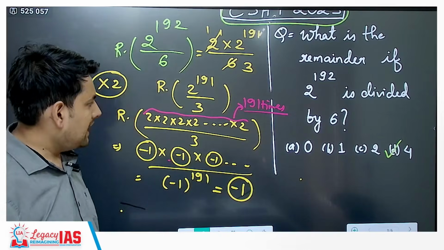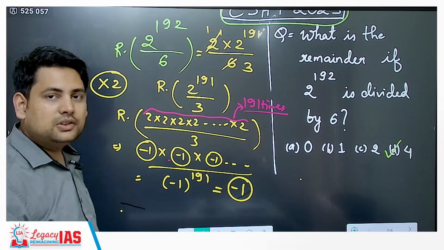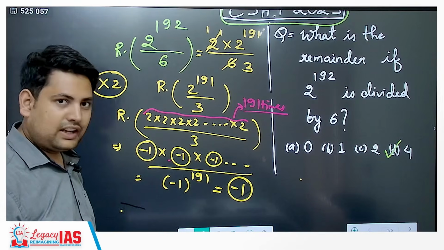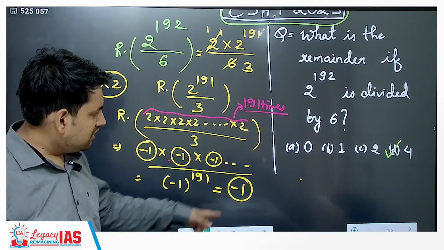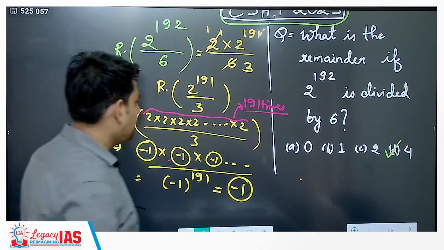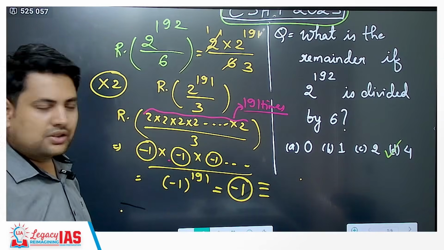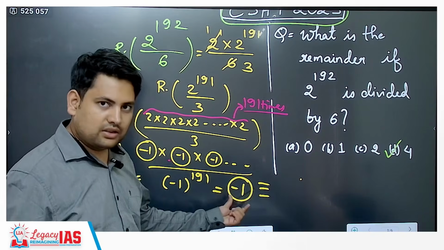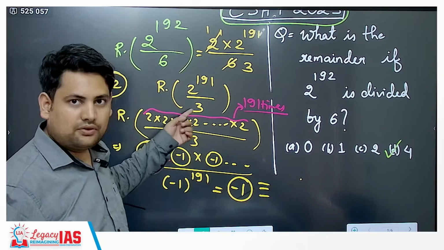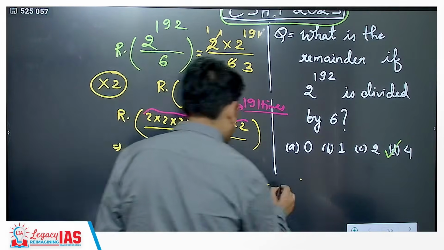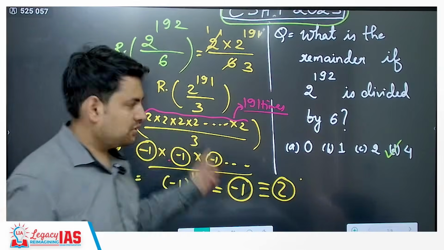Correct? Now, what did I tell you? Do not forget that a 2 was also there. Also, this minus 1 is equivalent to what? We did it in other questions also. So minus 1 remainder is equivalent to, we need to make it 3. So 1 plus 2 will make 3.